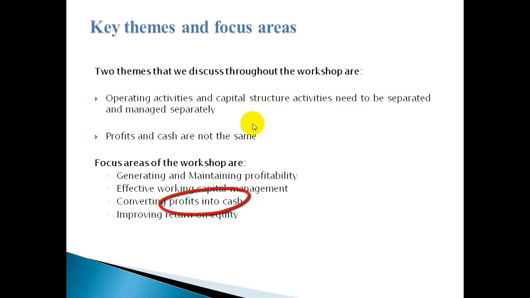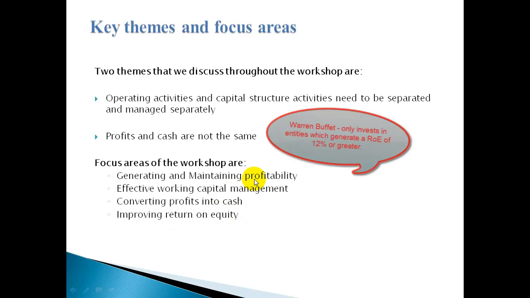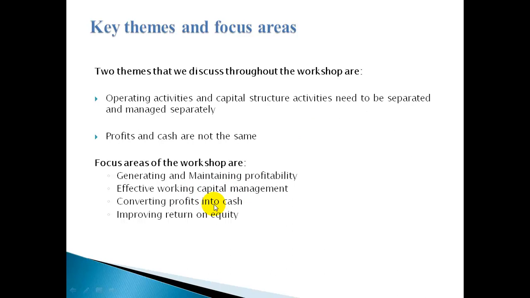And finally, our focus here is improving return on equity. After you've generated profits, effectively managed your working capital, and turned that working capital into cash, should you still be in business? The ROE, or return on equity, will give us a good indicator if we should still be in business.